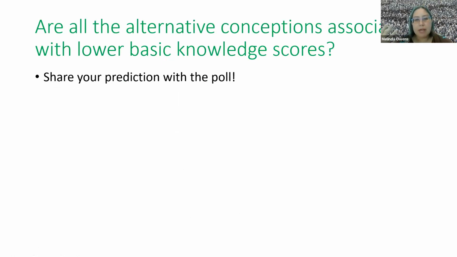But thinking about those individual alternative conceptions, is that true for every one of them? Is each one of them individually associated with lower basic knowledge scores? What do you think? So I have another poll. Can you all see that? Does that question make sense? All right, go ahead.